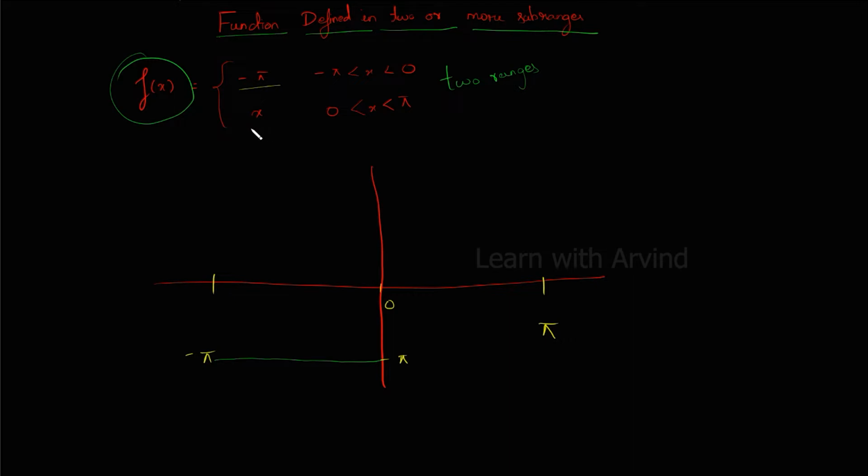In the same way, if we put x is equal to 1, we will get f of x is equal to 1. If we put x is equal to 2, we will get f of x is equal to 2. Therefore, this would be a straight line which would look like this. This function is defined in two or more subranges.